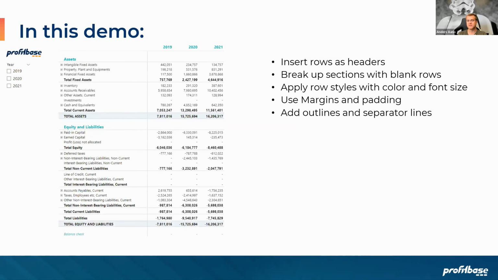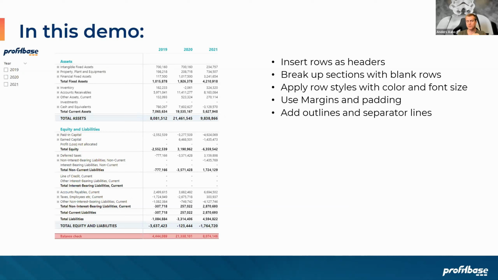So this is going to be what we end up with. And also, I'm adding conditional formatting. So if the balance check at the bottom here isn't 0, it doesn't balance out. You get some warning in red and your focus is automatically drawn down to that. So then I'm going to go over to Power BI.